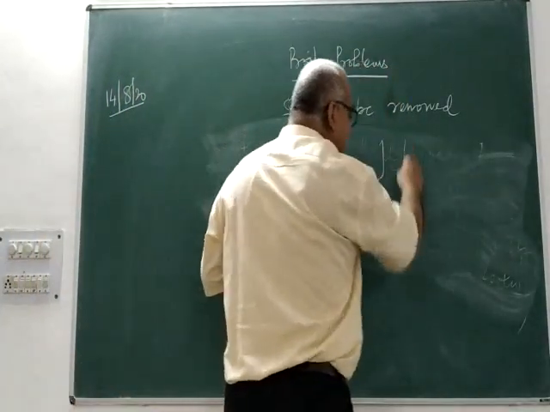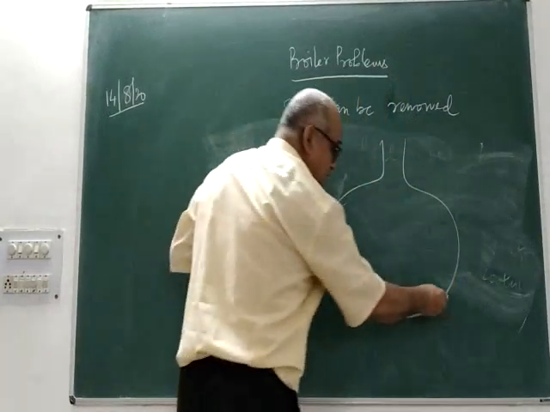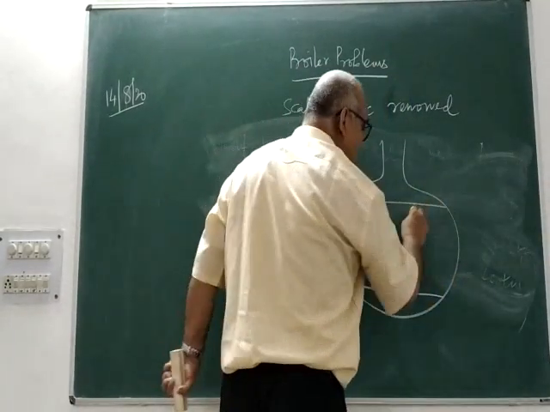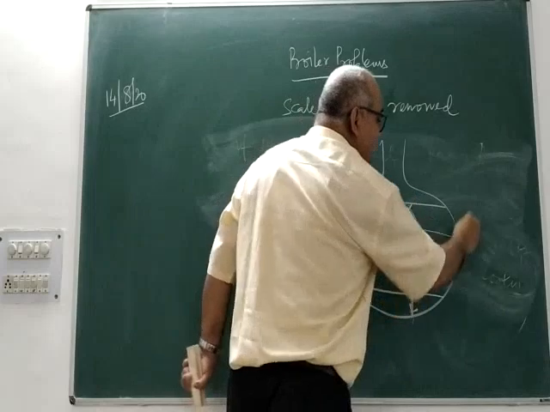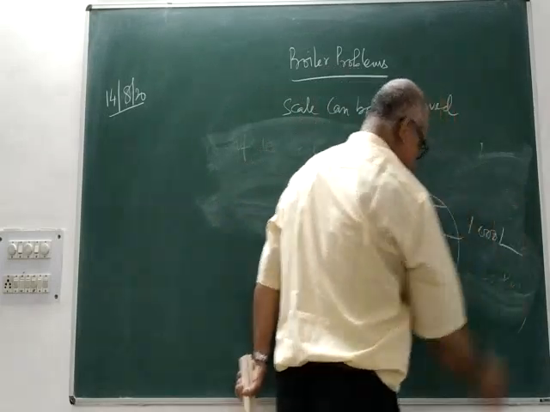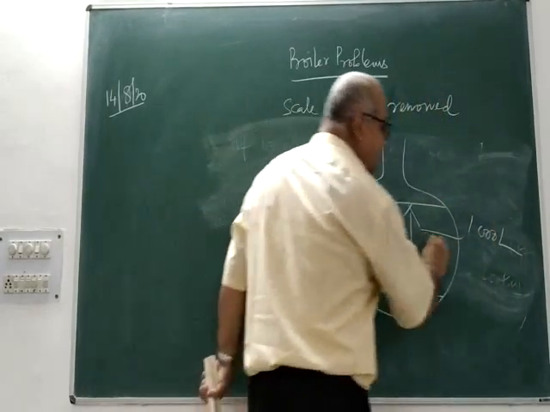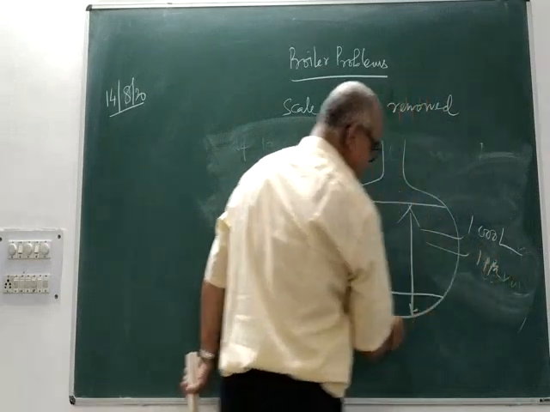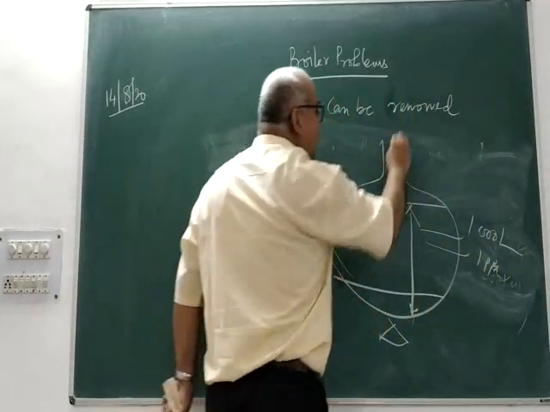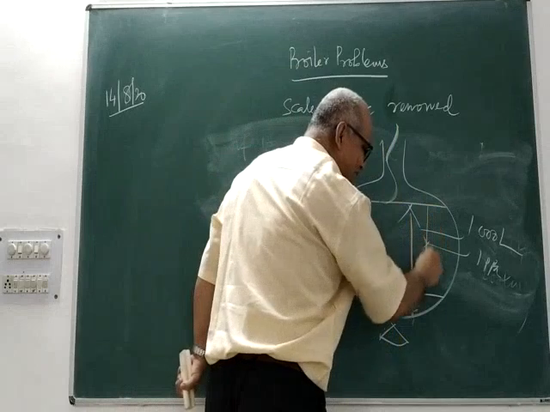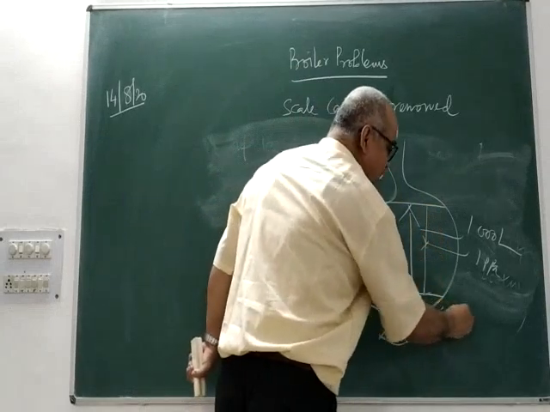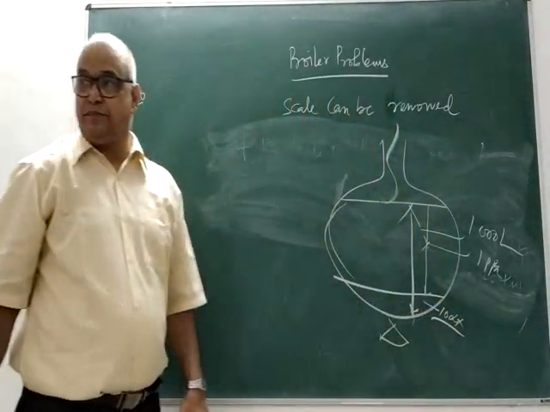Suppose this is your boiler. I have told earlier also, suppose capacity is 1000 liter. Hardness is 1 ppm. Heating is started. Steam will go out. Water level will go down. When it comes down to 10 liters, we stop heating.